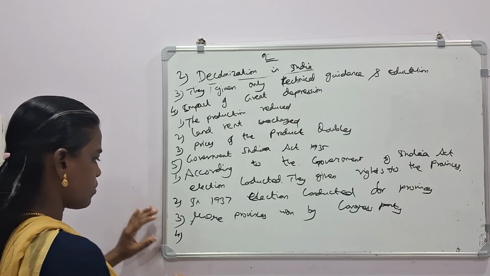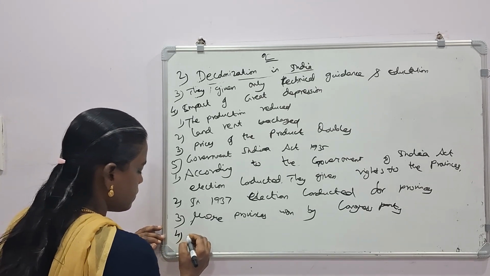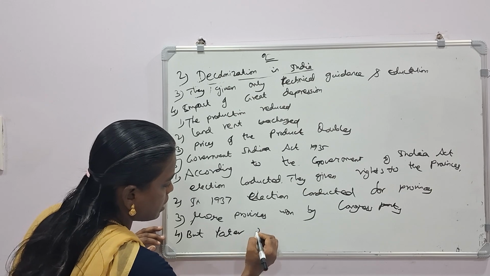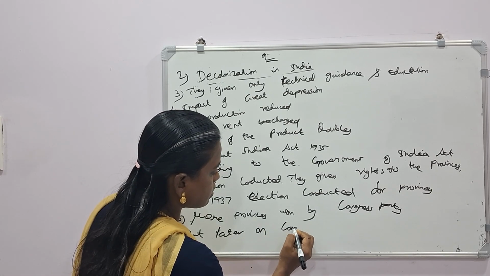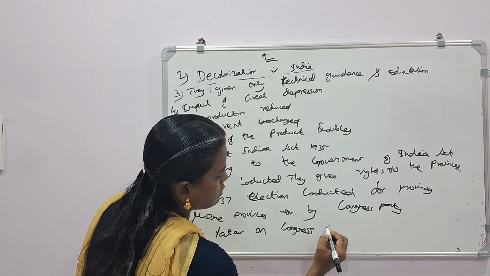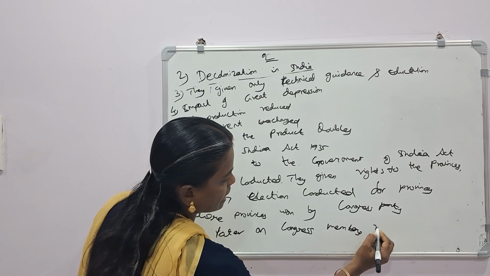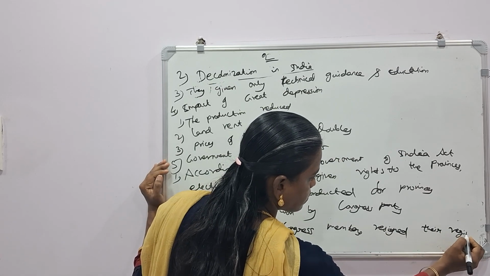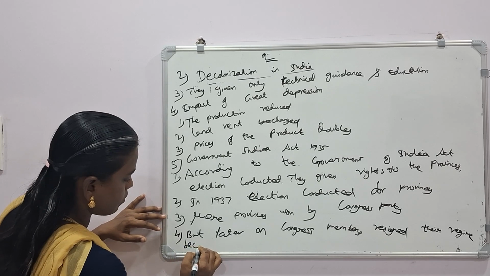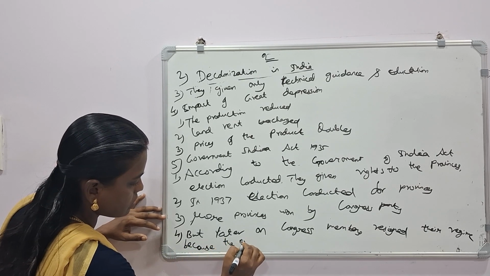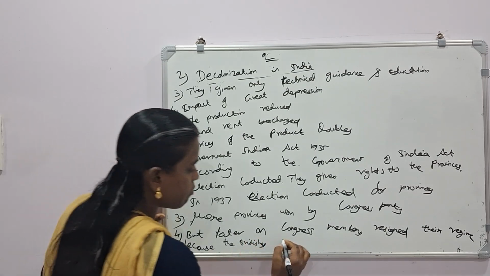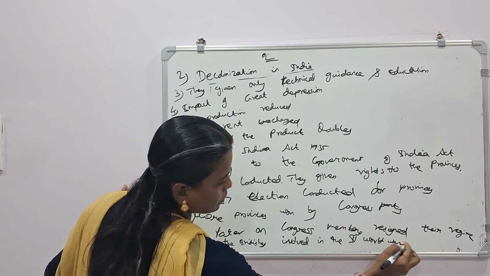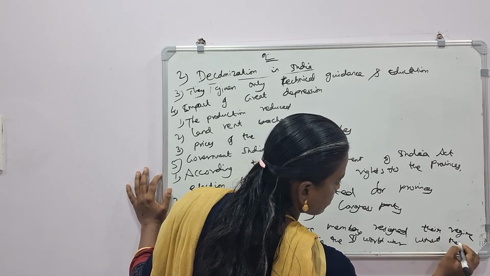Last point, later on, Congress members resigned their regime because the Britishers involved India in the Second World War without their consent.